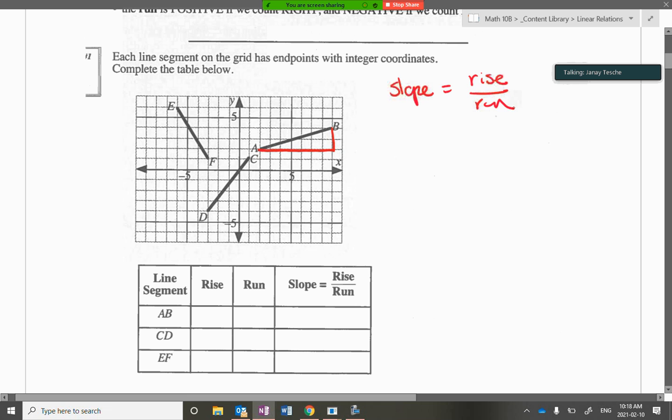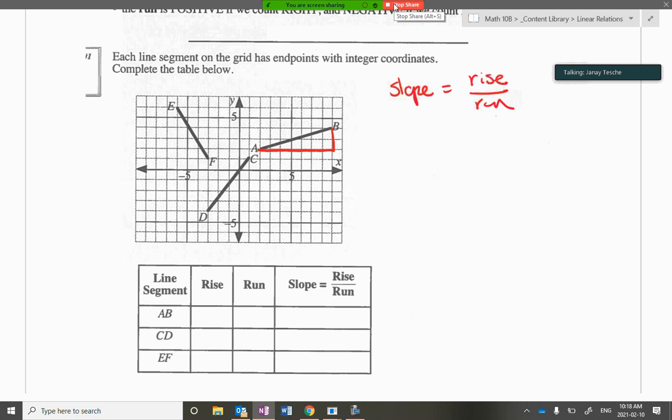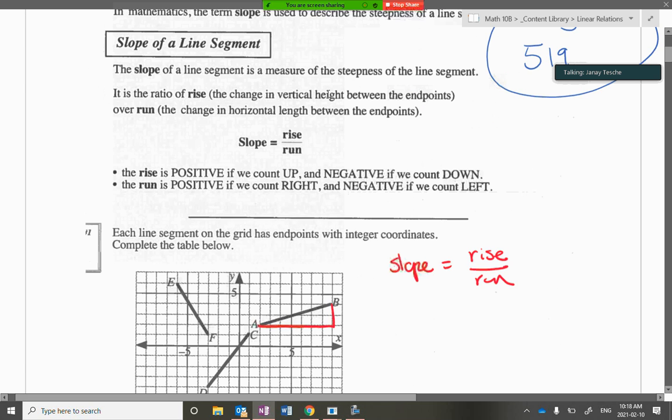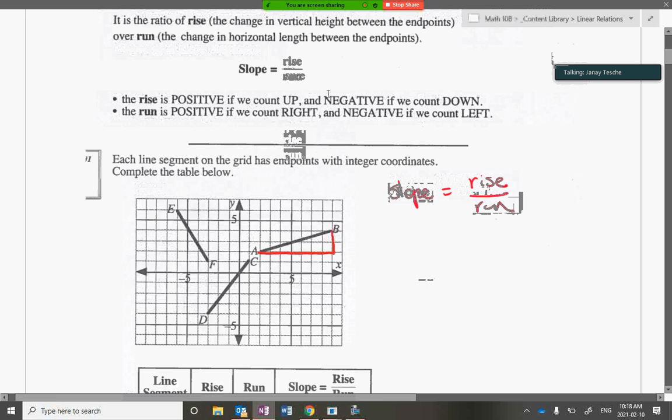Slope is an incredibly useful thing. Throughout this unit, and even more so in physics, you're going to learn more and more about how useful slope is. There's different types of slope. There's a positive slope, a negative slope, zero slope, and a slope where we would actually say it's undefined.